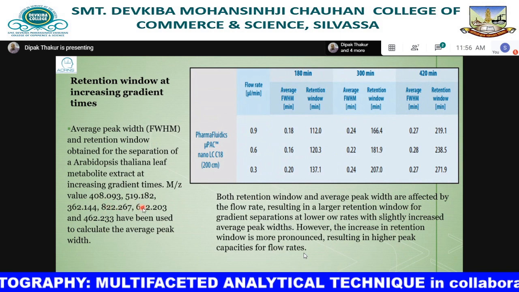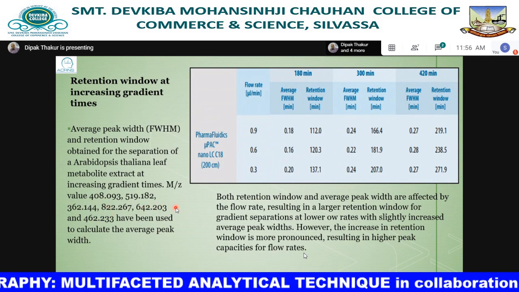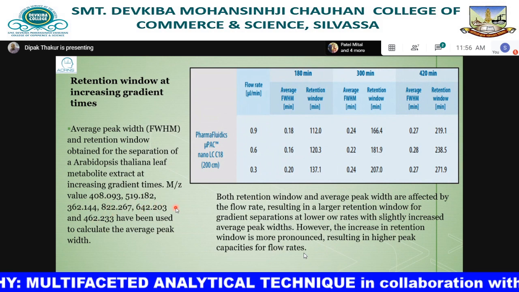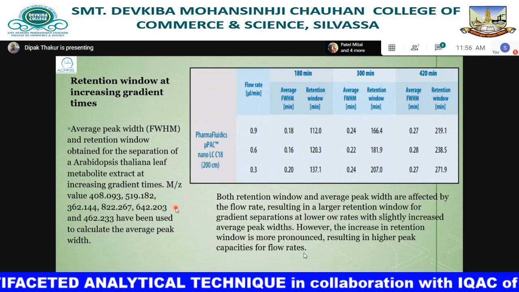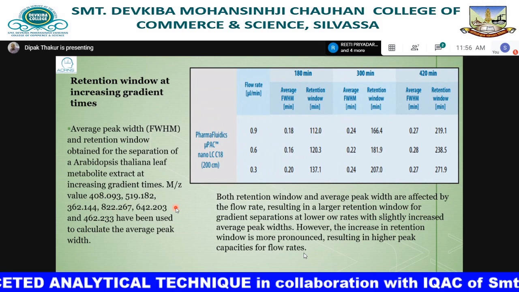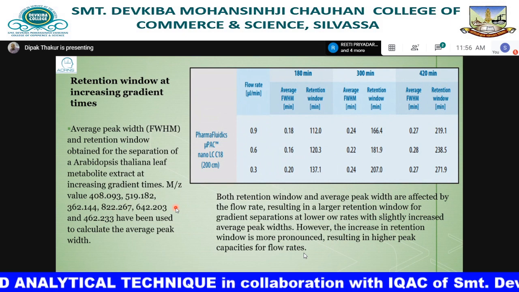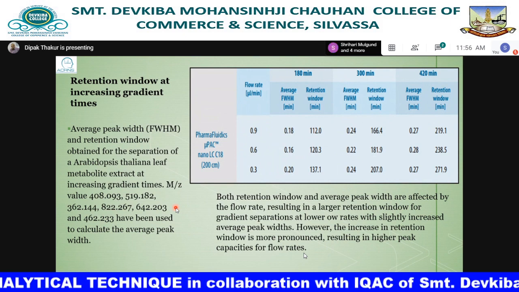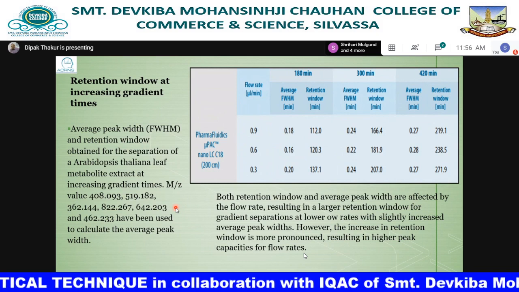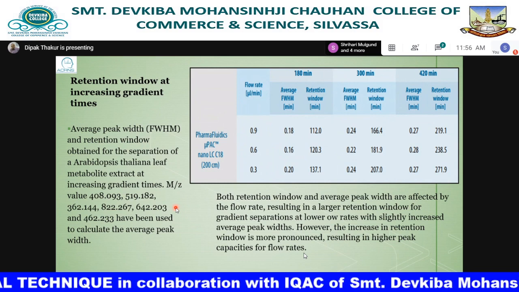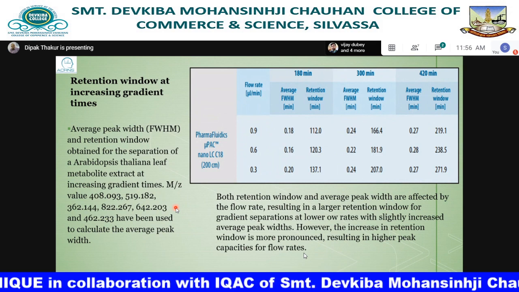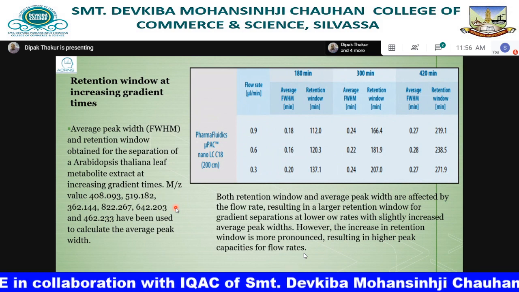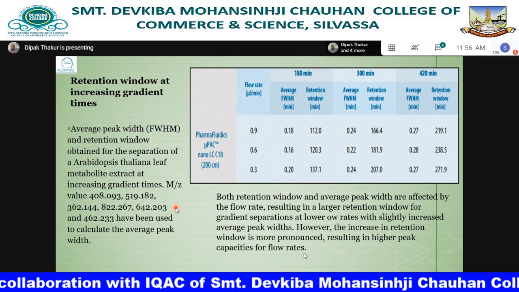These are different metabolites. So it's not just a particular mass range; the mass range covered is from 400 to 800. Across different mass ranges, it is demonstrated that their retention time windows and widths are consistent. This is applicable to all different types of molecules.